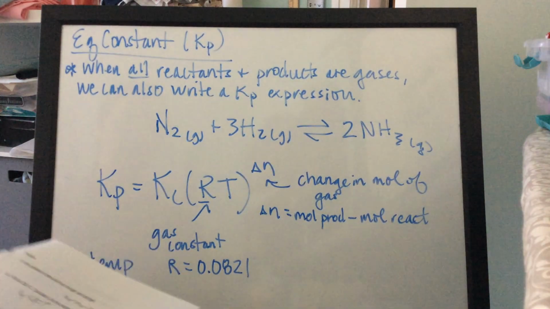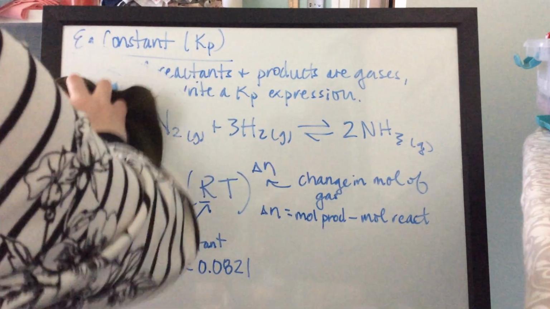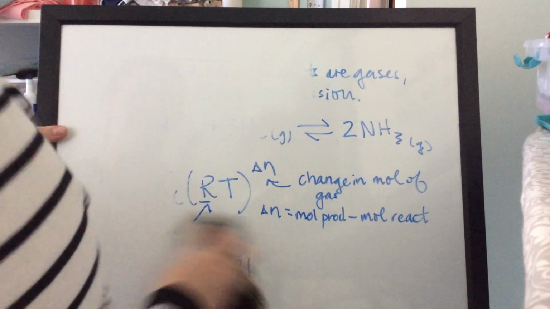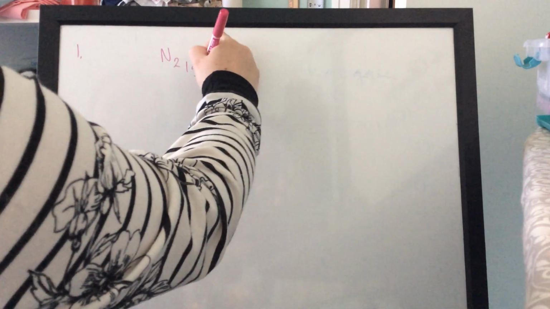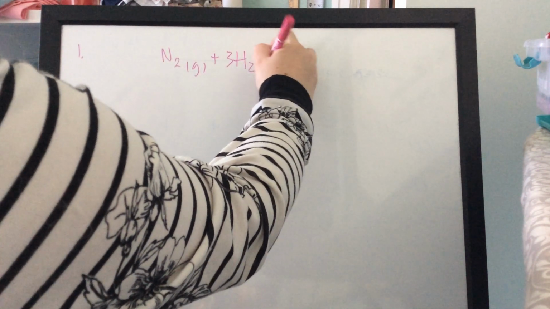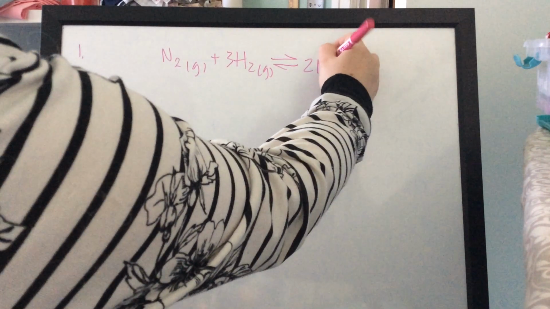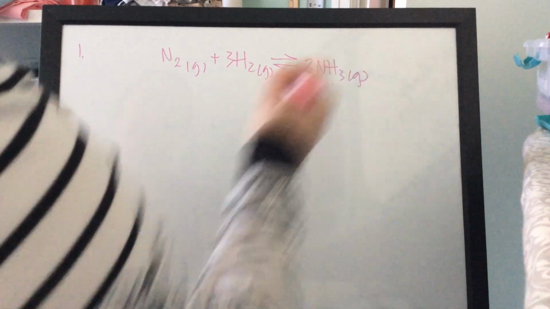So now there's a practice problem, and I'll do it with you. This is a conversion of Kc to Kp. So let's see, number 1, it says, there you go, look, the synthesis of ammonia. I told you this equation is quite popular in equilibrium, and I didn't lie.